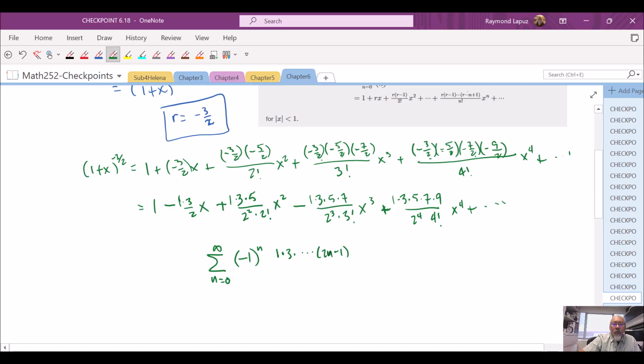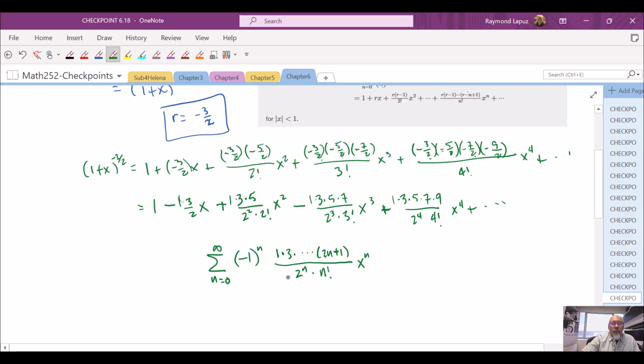For n equal to 0, this will be -1. Actually, that won't work. So when n is equal to 1, this would be 2 minus 1. So I think this is a plus. And that takes care of the product of the odd integers up in the numerator. And then in the denominator, we'll get 2 to the nth power. For the third term, we have 2 to the third, etc. And there's going to be n factorial that we're multiplying, and then x to the nth power.